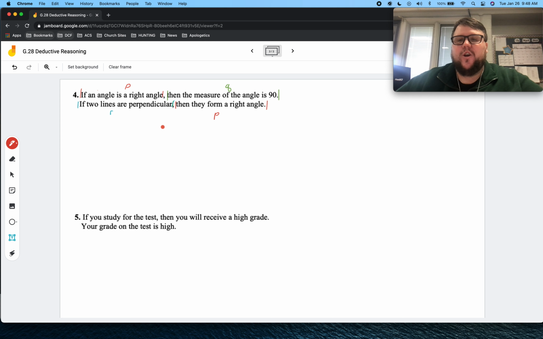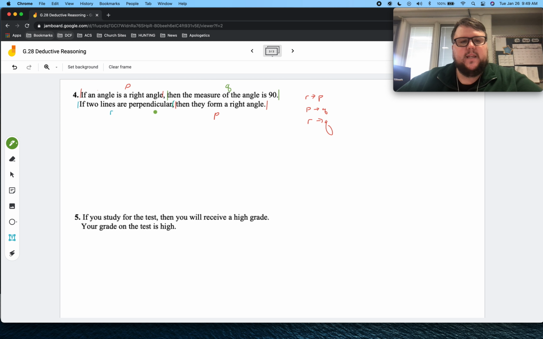So this is working backwards, actually. This is if R implies P, and P implies Q, then we're going to see if we can say R implies Q. So let's break each of these statements down and see if they're true or false.